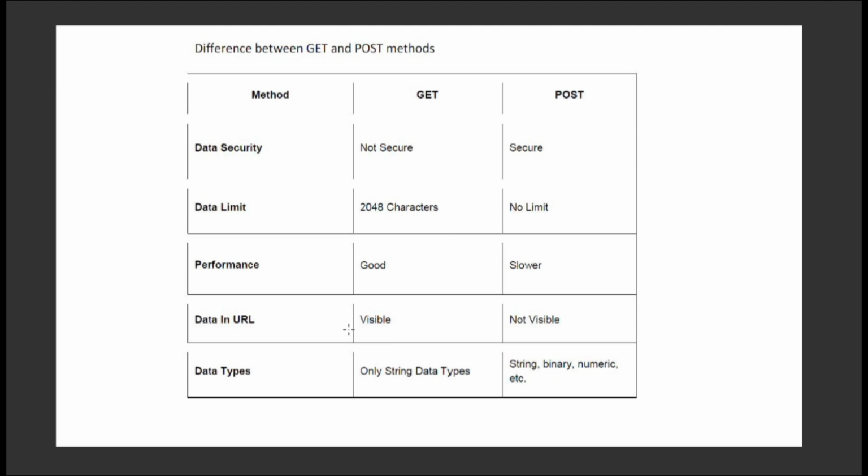The get method's data that we provided using the form is visible in the URL, but when we use the post method, the same information is not visible in the URL. Next, the data type. The get method only uses the string data type, and in post we can use string, binary, numerical, etc.